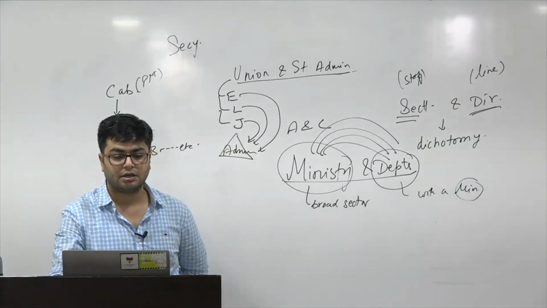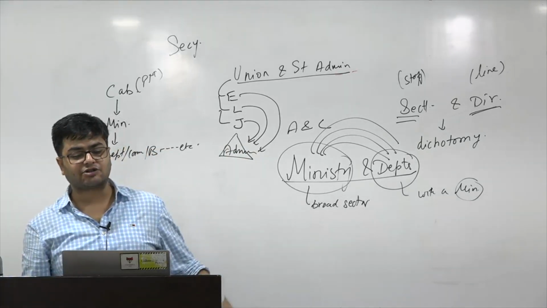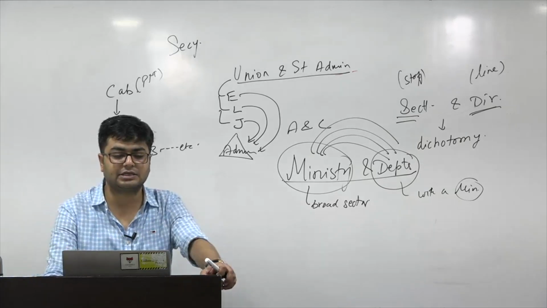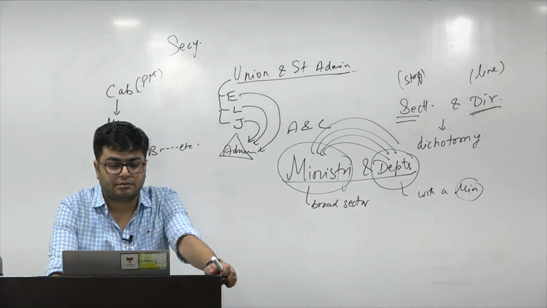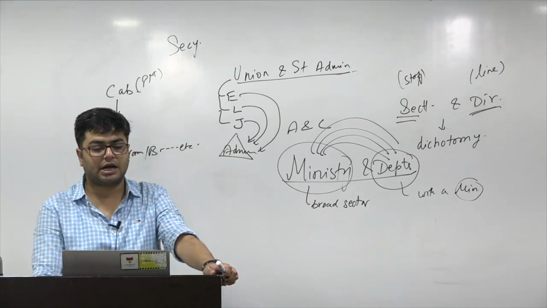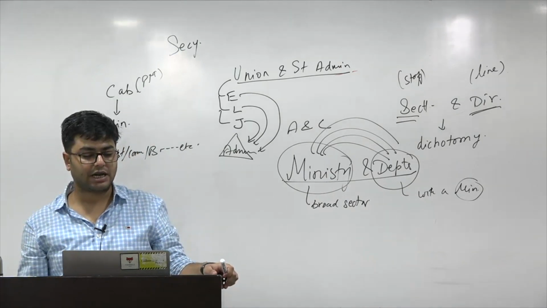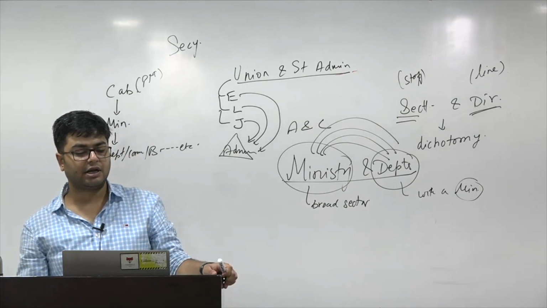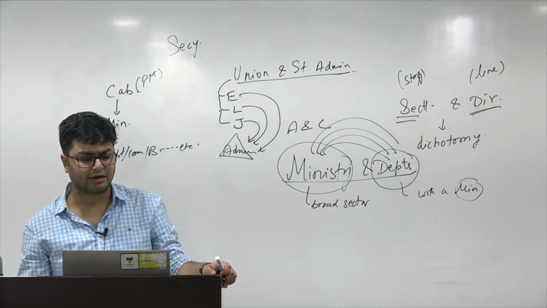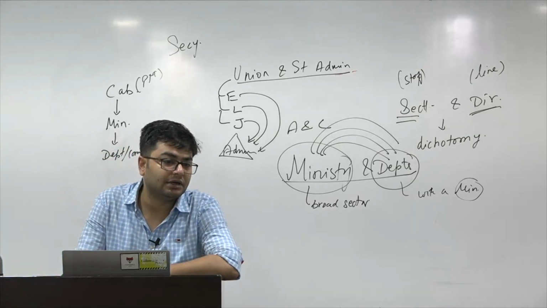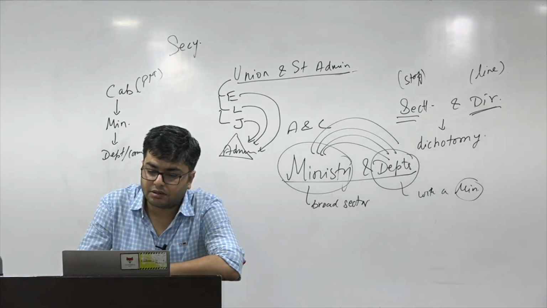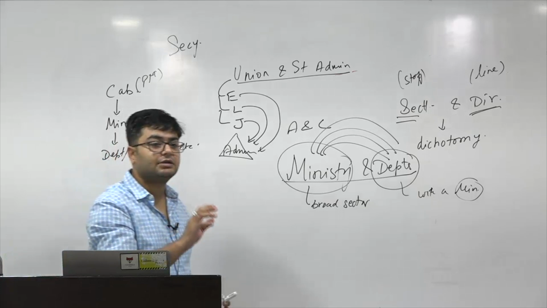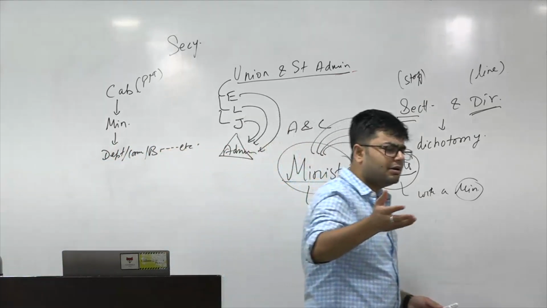Similarly, there are attached offices that provide assistance. Similarly, there are boards and commissions like advisory boards and regulatory commissions. For example, you have TRAI. Similarly, you have other agencies.